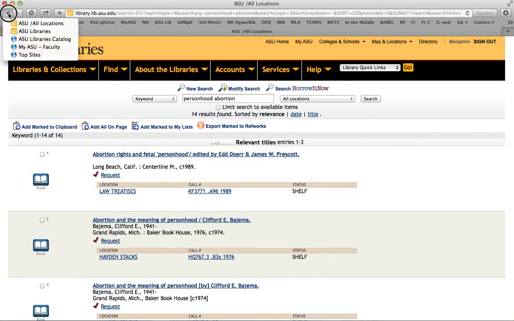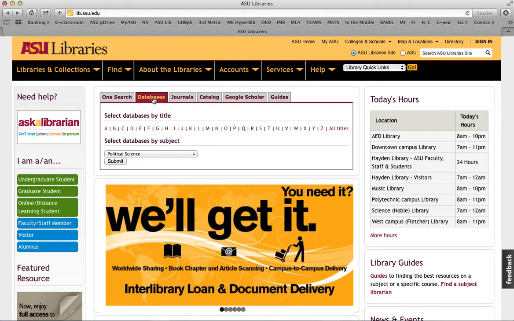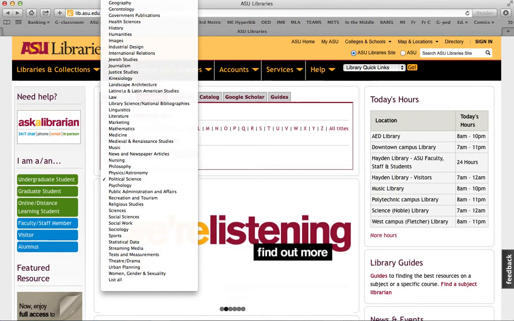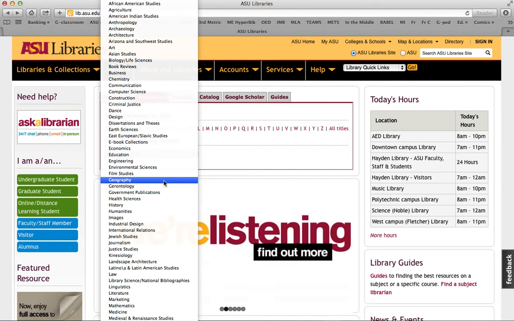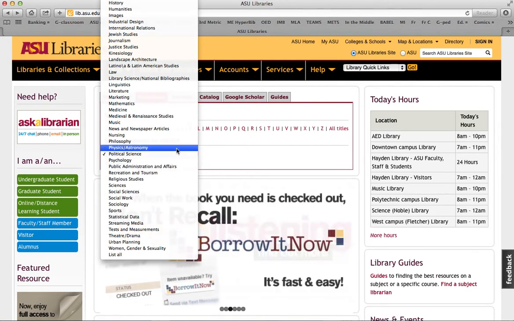Okay. Let's consider then how we might use the databases, because there are a lot of these, right? A ton. So the best way to refine your search is to look right here, so you have all of these different options, and by narrowing it down to something like, say, political science or women, gender, and sexuality, you won't have to sift through so many databases and choosing which ones you might look at.